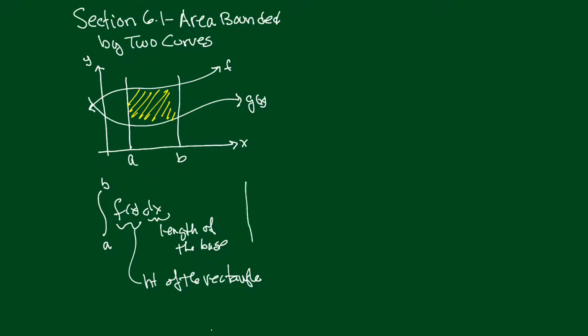Remember what we did here. We had a curve and we put in these rectangles, and by getting the area of each rectangle, adding them up, and letting the number of rectangles go to infinity, we got the area under the curve.